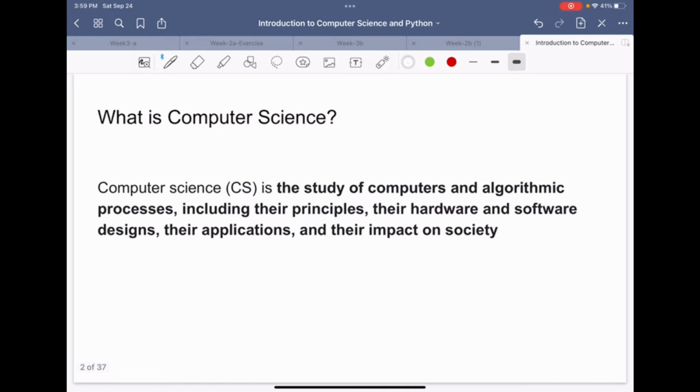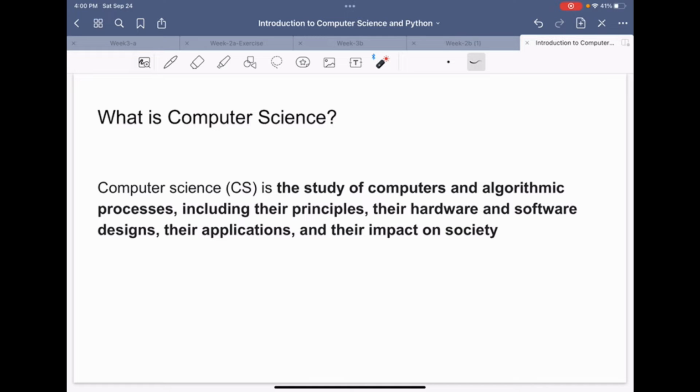So these are things that you are aware of. Computer science is the study of computers and algorithmic processes, including the principles, hardware, software, designs, and their applications as well.